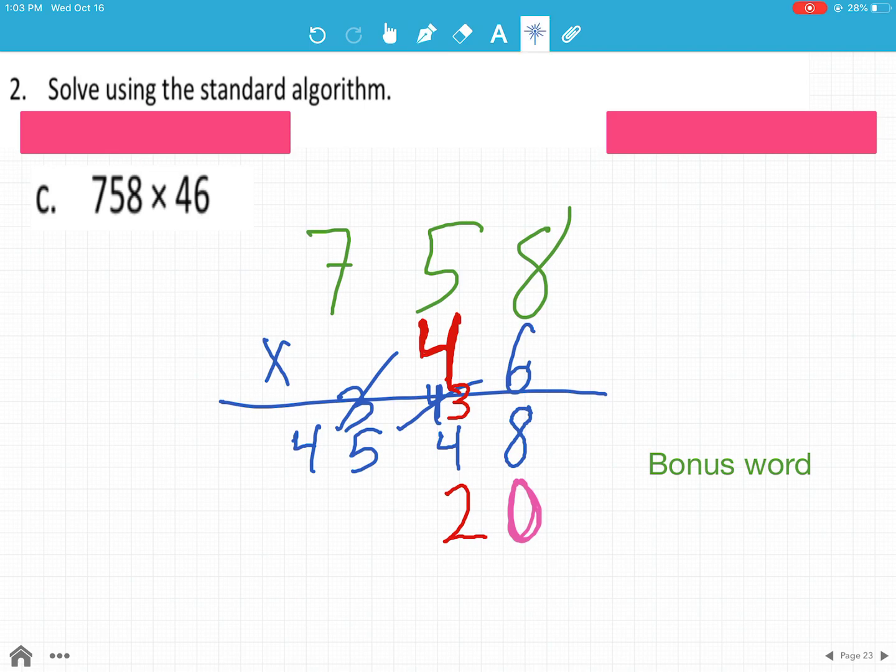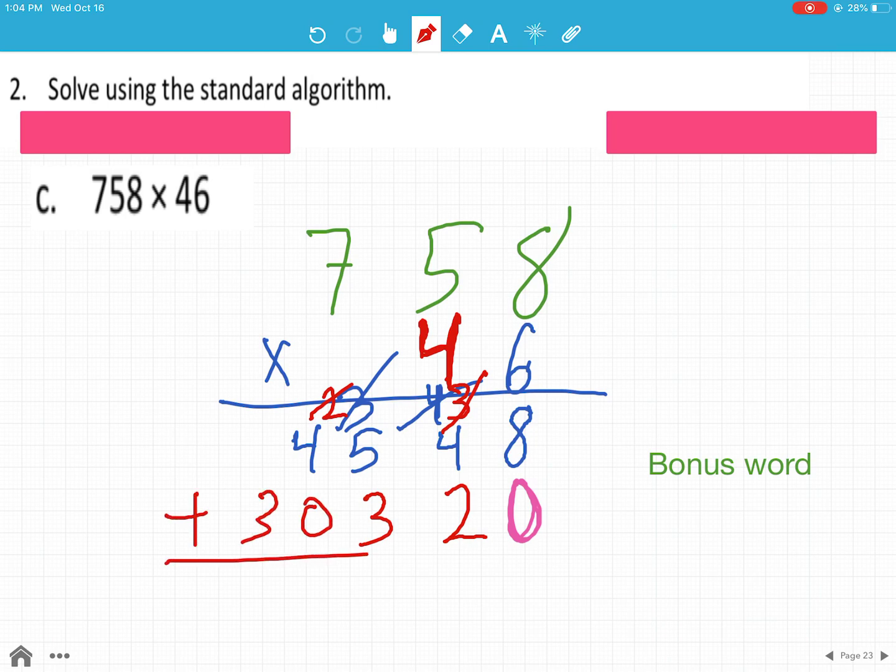Well, because we are going to multiply the tens times the tens and then add the 3. So now we have 4 times 5 is 20, plus 3 is 23. Now we're having the hundreds times the tens. So it's 4 times 7 is 28, plus 2 is 30. I'm crossing it out so I know that I took care of it.